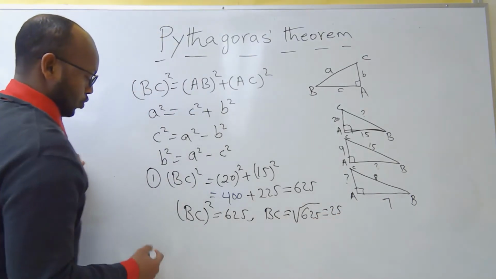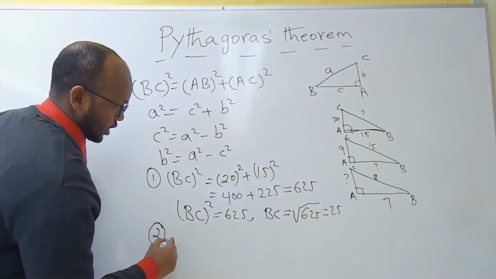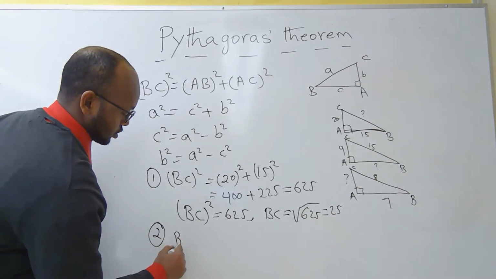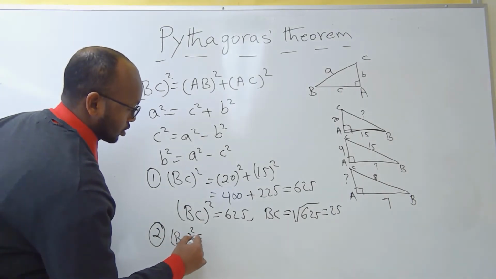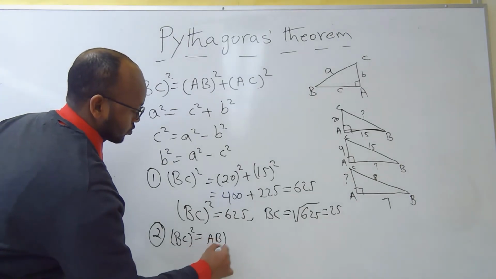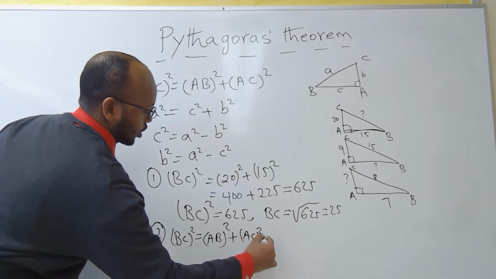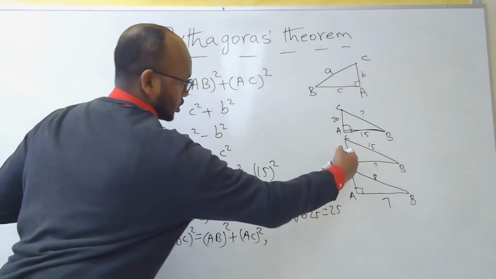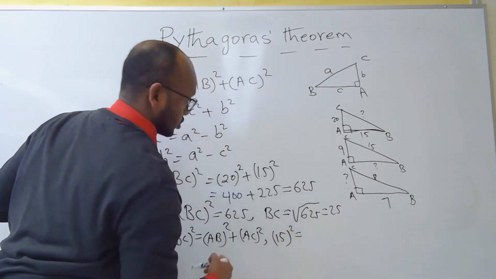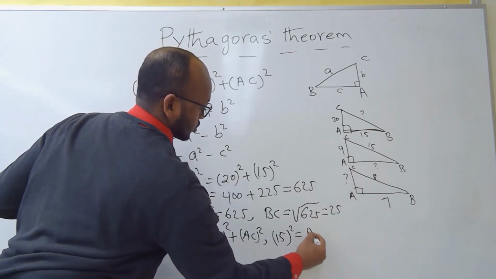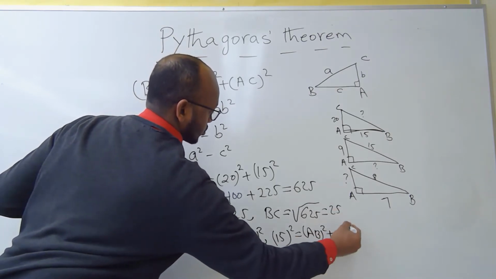Okay, so when I come to the next one, I have BC square is equal to AB square plus AC square. BC is 15. 15 square is equal to AB square, AB is missing, plus 9 square.